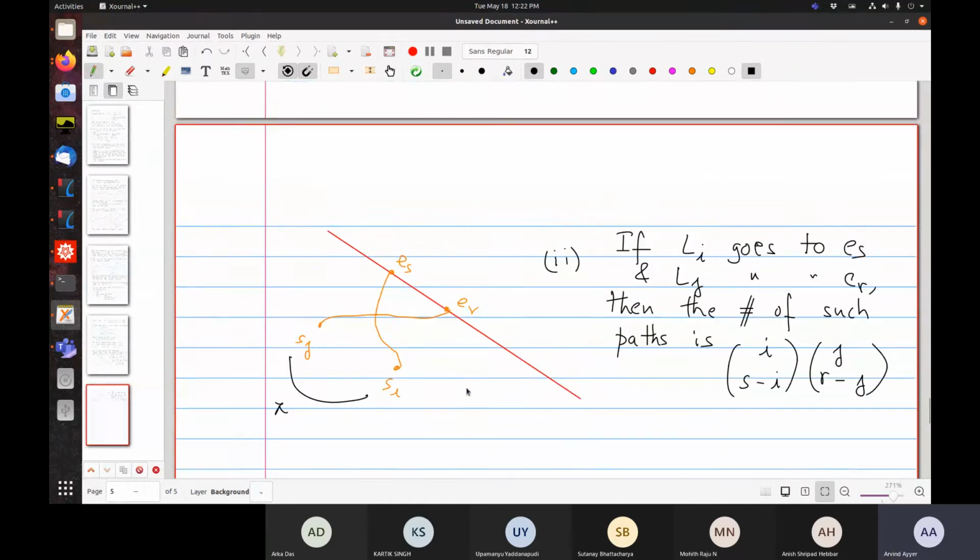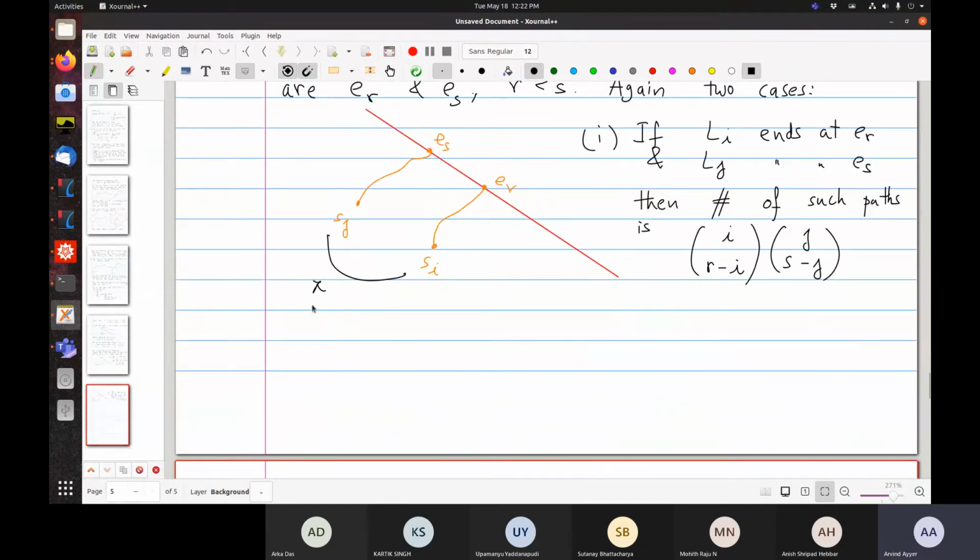But all such paths in the weight will come with a positive sign.